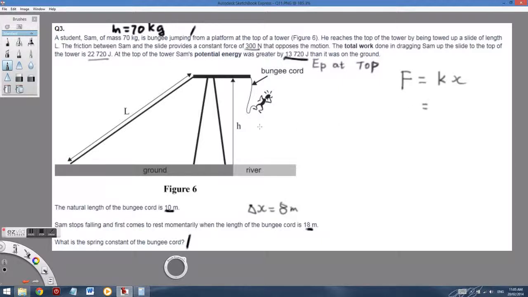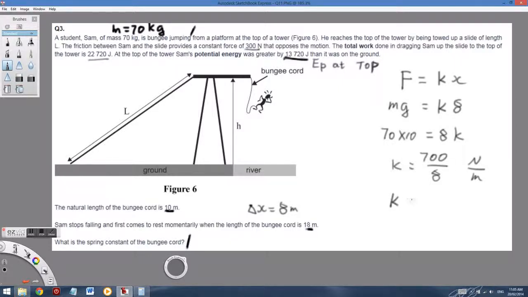The force pulling him down will be his gravity force, mass times gravity. The spring constant is unknown. The extension of the spring will be 8 meters, from 10 to 18. Put it in the calculator: 70 times 10, so 700 divided by 8 newtons per meter.